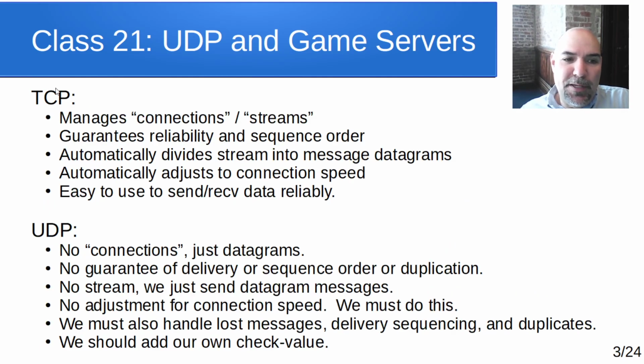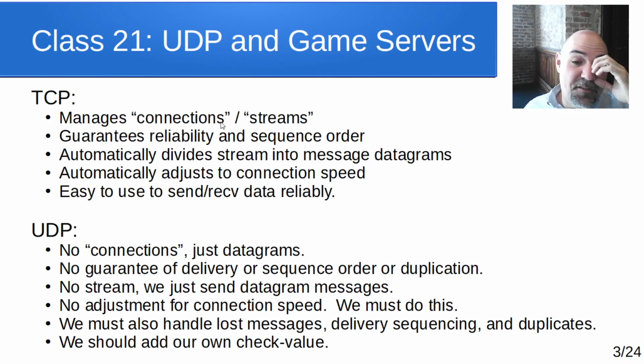First off, TCP manages a connection-oriented, streamed paradigm of communication, meaning that when you call TCP send and it says success, that means that it was received at the other end.